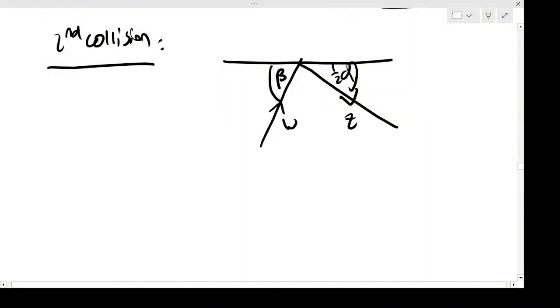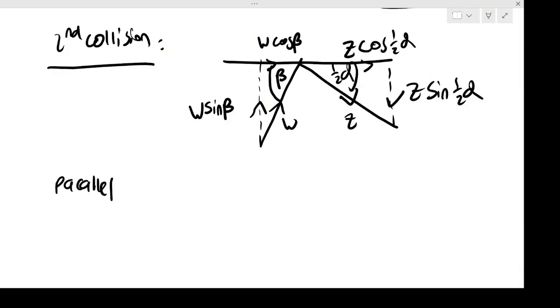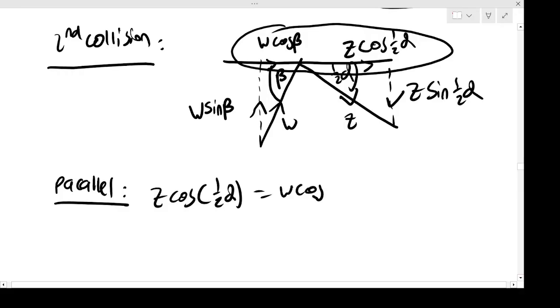So if I now split my components up, we're going to go up here, then across, and then across, and then down like that. So this is going to be W sine beta, W cos beta here, then Z cos of a half alpha, and then Z sine of a half alpha there. Then the parallel equations. Parallel to the wall here, Z cos of a half alpha is going to be W cos beta.